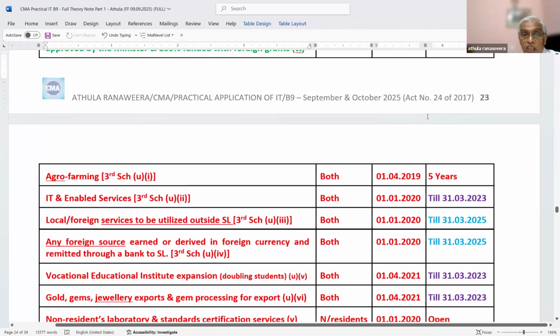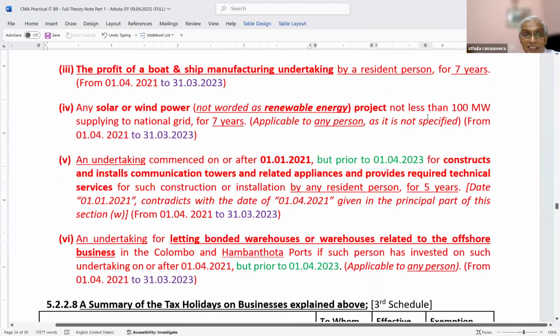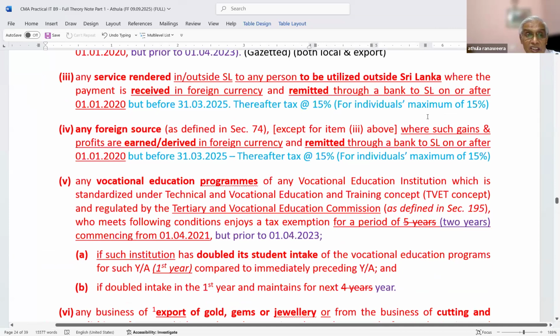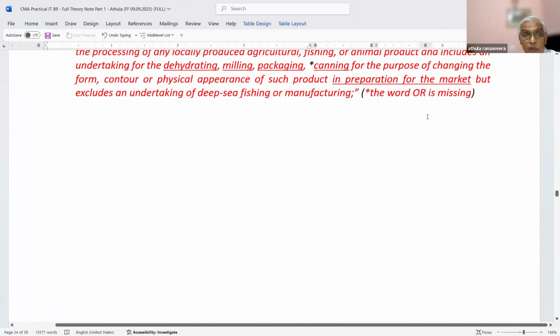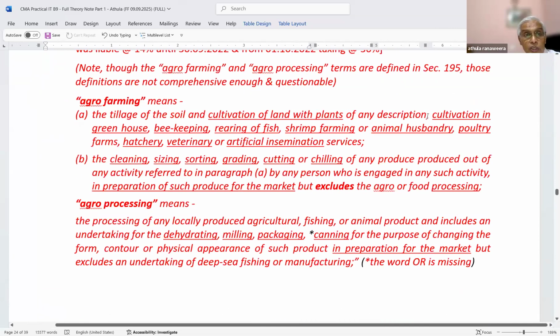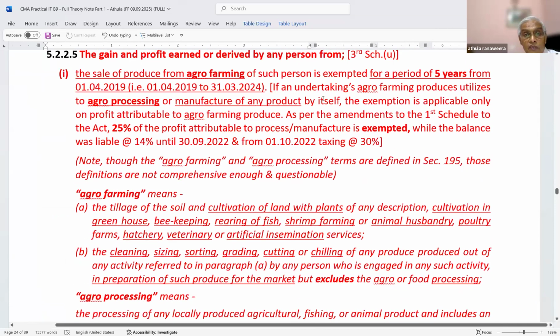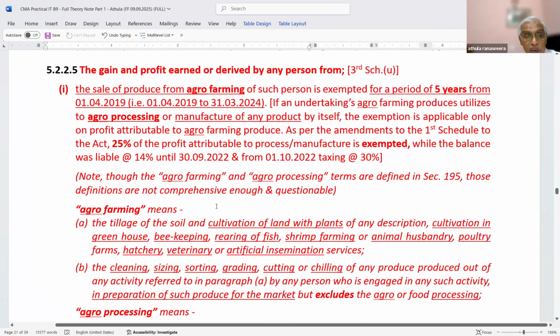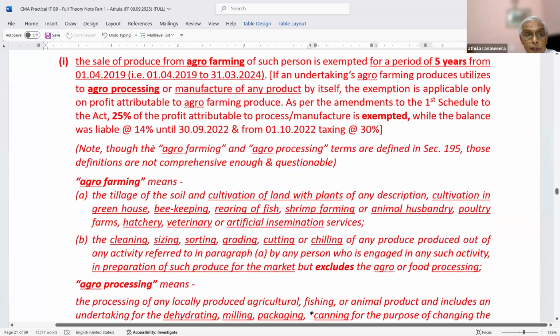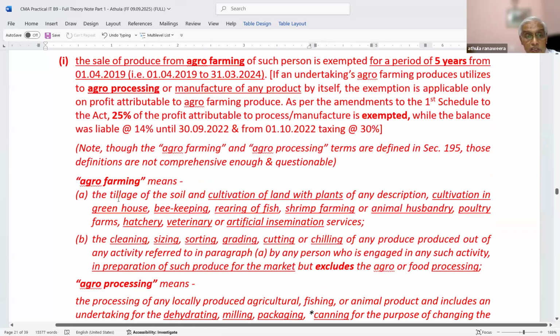This is one of my specialized fields, agriculture, taxing of the agriculture sector. Therefore, I would like to add a little bit to this. Now, the word agro-farming is defined in the tax law. What does it say?